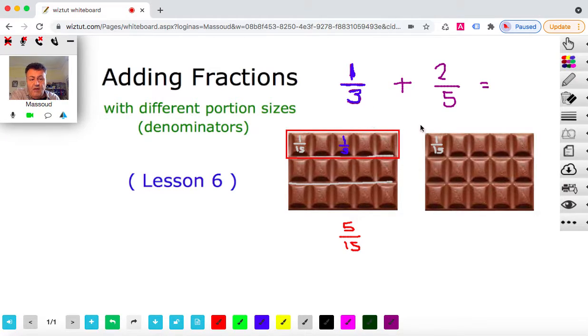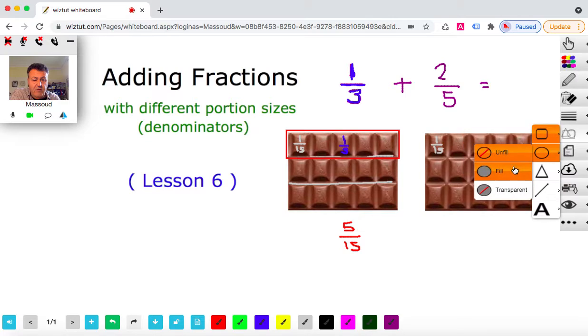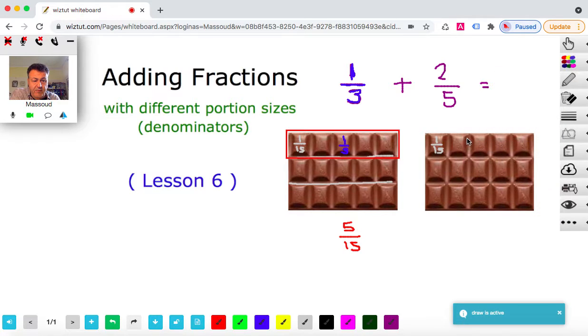Now in the other picture, if I snap it here, and in fact I snap it there as well, and there, and there, each one of these sections, the whole section, would be a fifth.